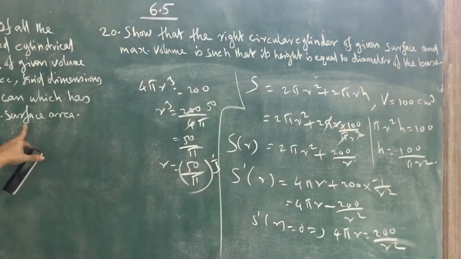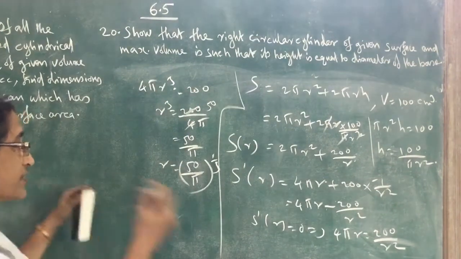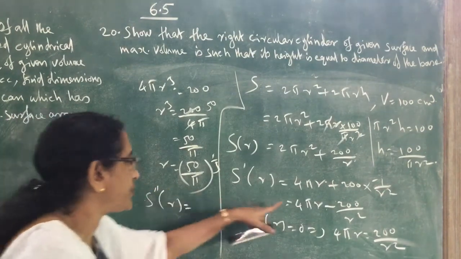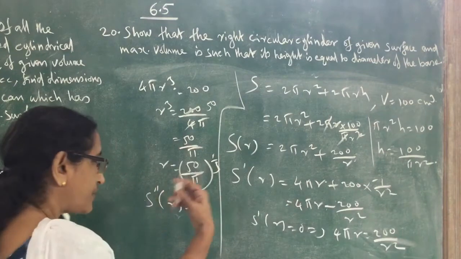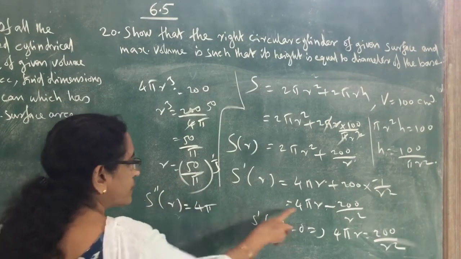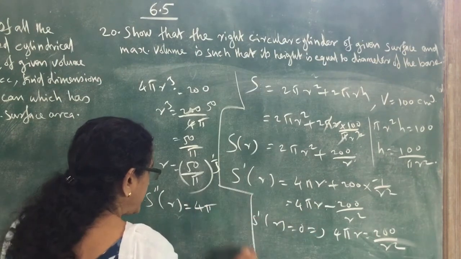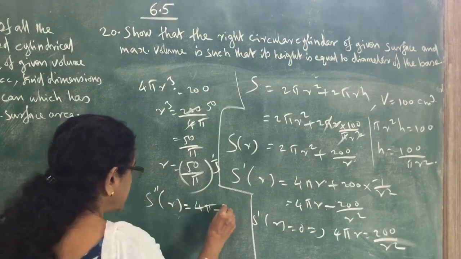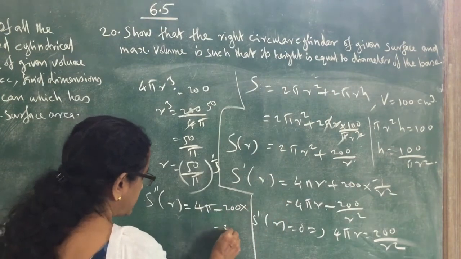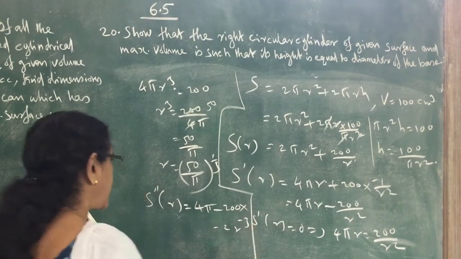We want the surface area to be minimum. So for that we have to find the second derivative. S double dash r, from the first derivative, is 4 pi minus 200 into the derivative of 1 by r square, that is minus 2 into r raised to minus 3.